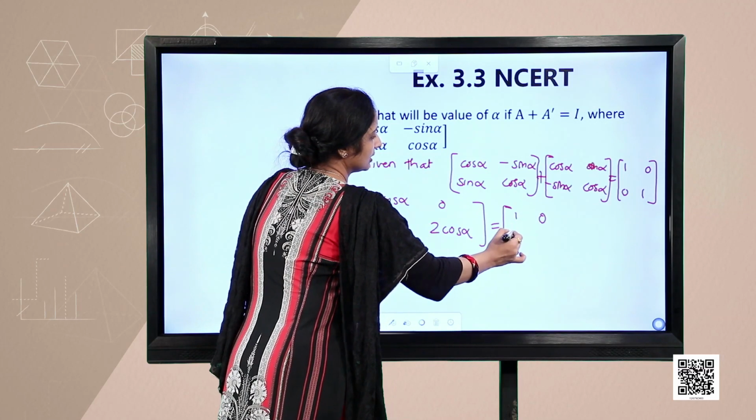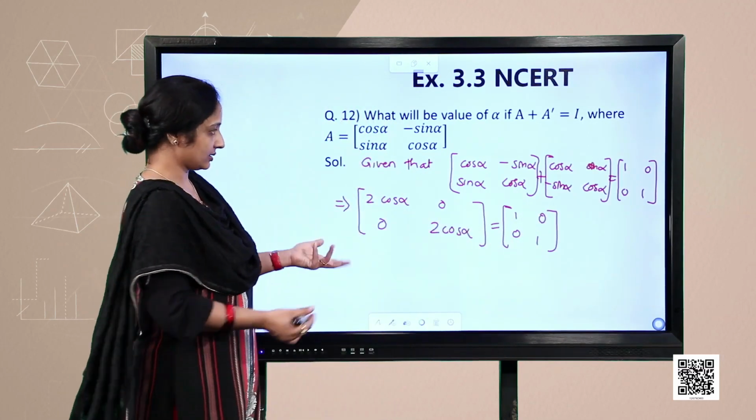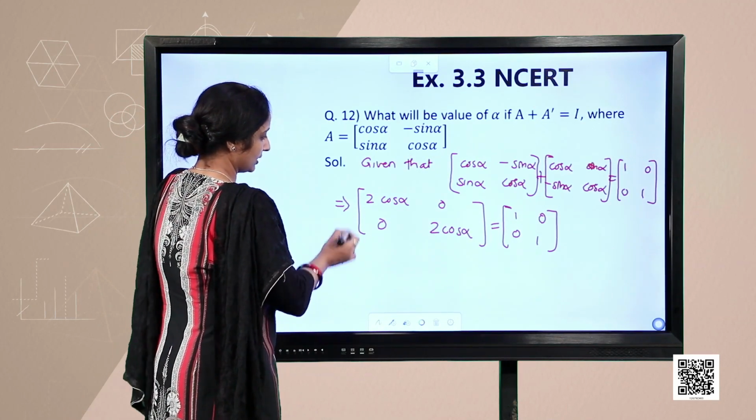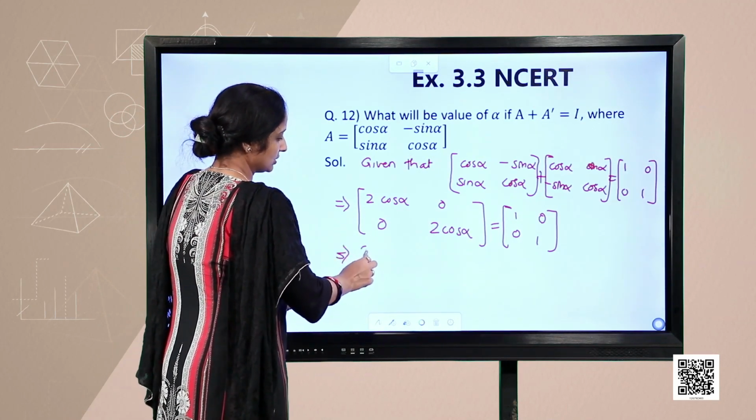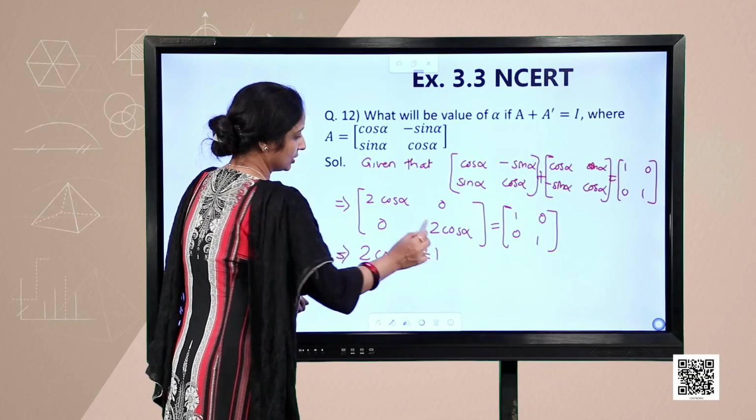So, you can see that the zeros are resembling at the same places, the corresponding elements are same. That means you can infer that 2 cos alpha is equal to 1.